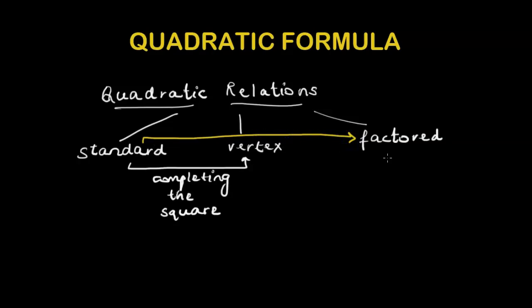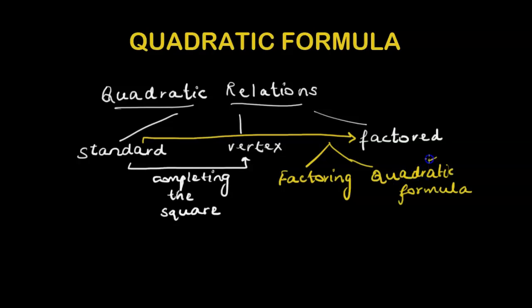For converting standard form to factored form, we have two different ways. One is called factoring. We learned factoring in one of the previous units, polynomials. The whole unit was dedicated to factoring. What factoring does is convert standard form to factored form. In some cases, when factoring is not possible, the second method that can be applied is the quadratic formula.